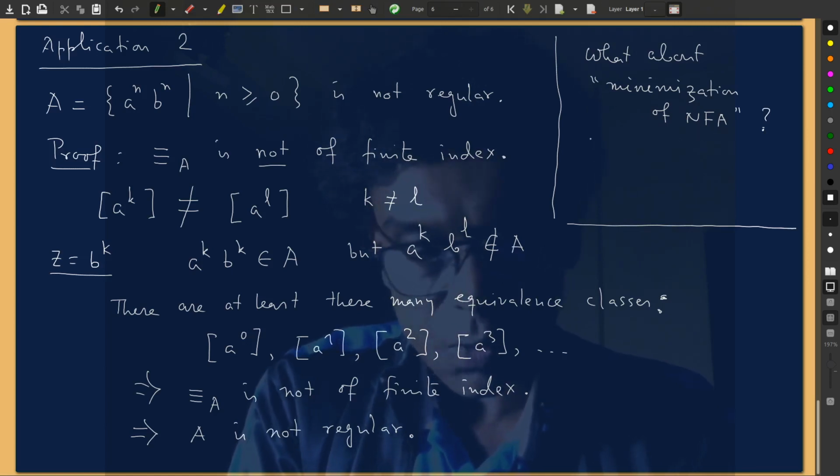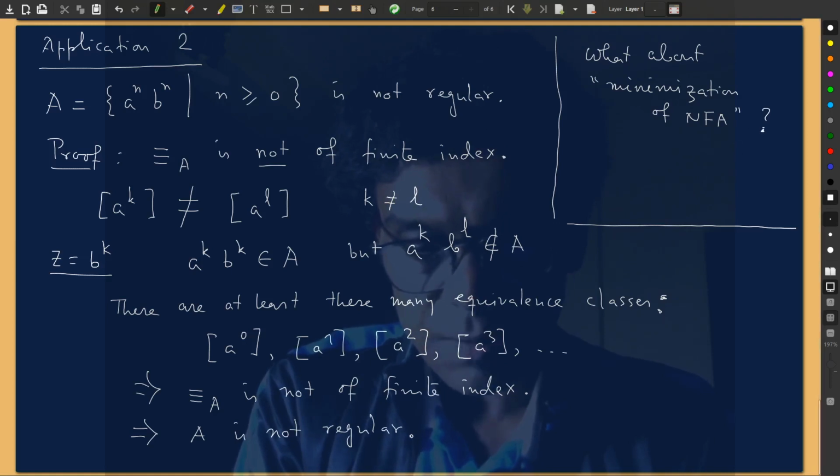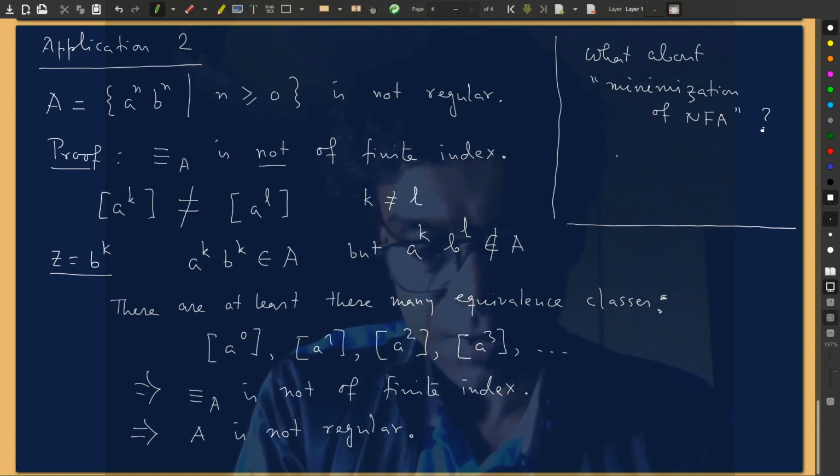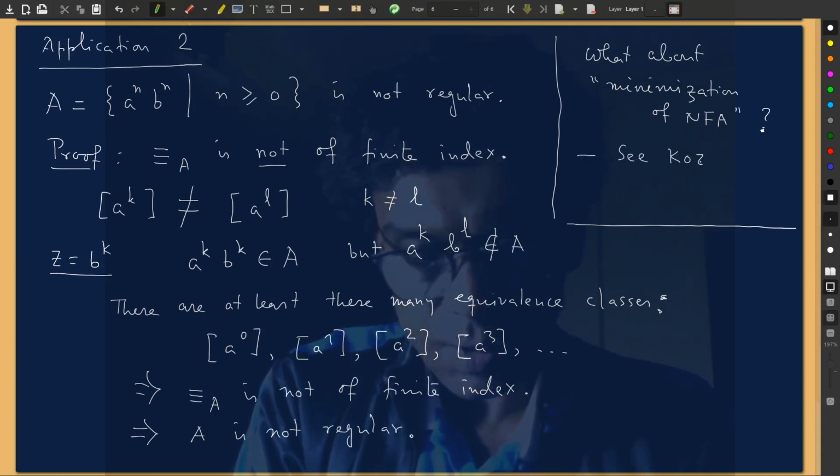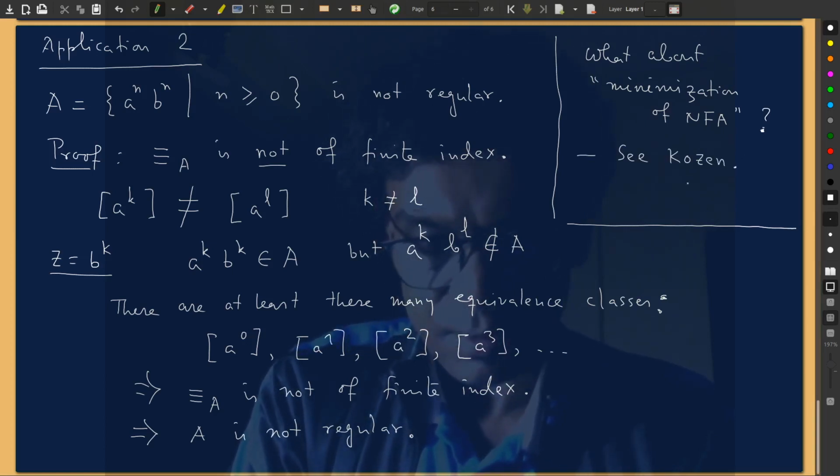Okay, so you can read one section from our textbook by Kozen, which says something about minimization of NFA and similar things. The problem is that for NFA, the theory does not remain as neat as for DFA. Anyway, if you are interested, you can see our textbook, Kozen, and many other places.